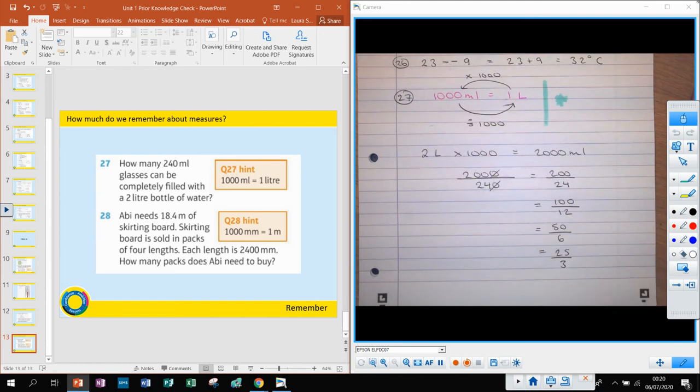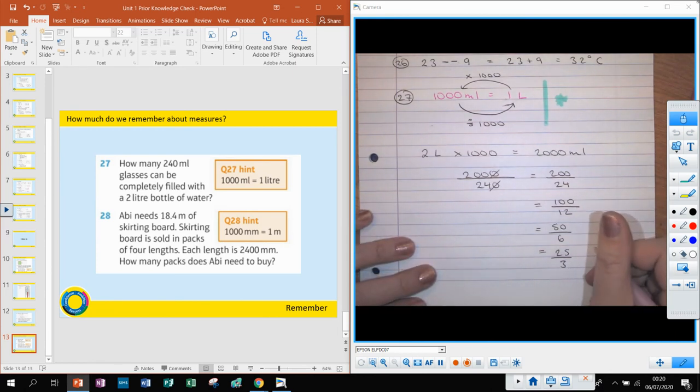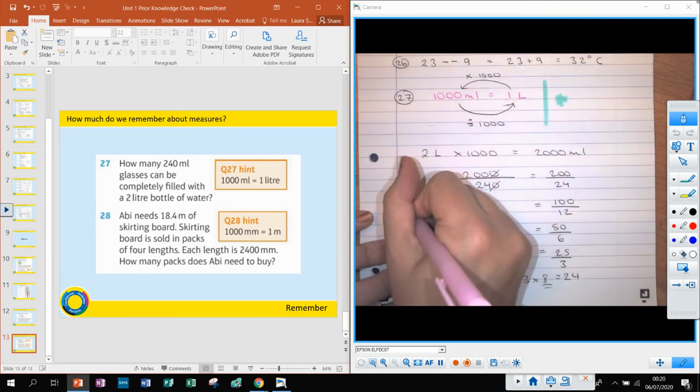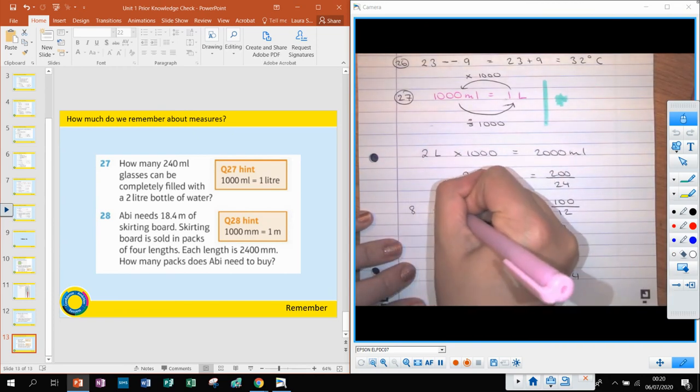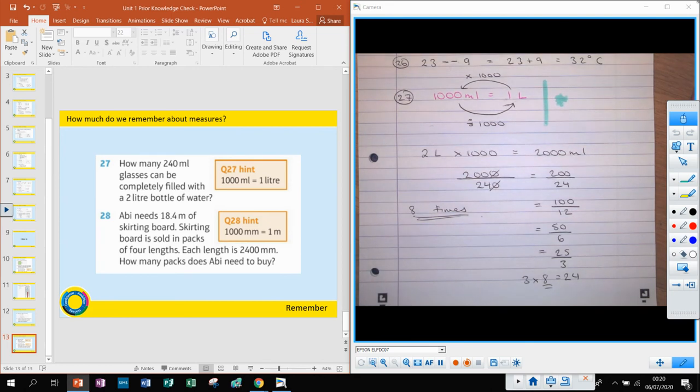So how many times can you fill it completely is going to be however many times 3 goes into 25. Now that's going to be 8 times fully because 3 times 8 is equal to 24. So our answer is going to be 8 times. Can't get another 3 in there. 24 is only 1 away from 25, so that's why that works.